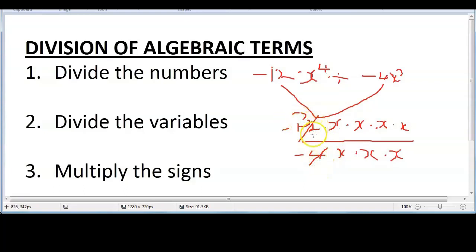Okay. Then divide the variables. x cancels x. Another x cancels x. Another x cancels x. Now we are left with a 3 and a single x on the numerator side. So our final answer is going to be 3x. But that's not all.